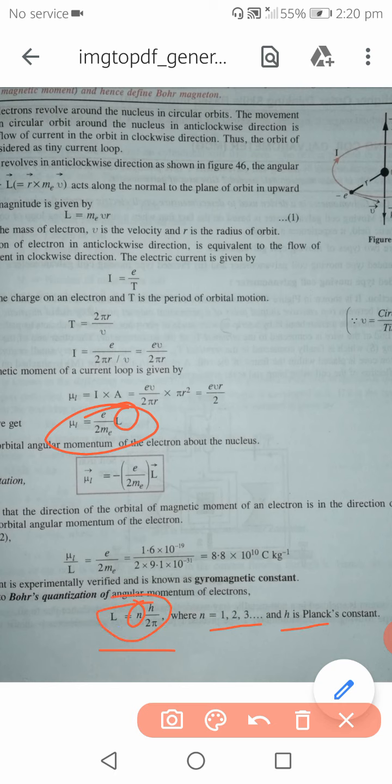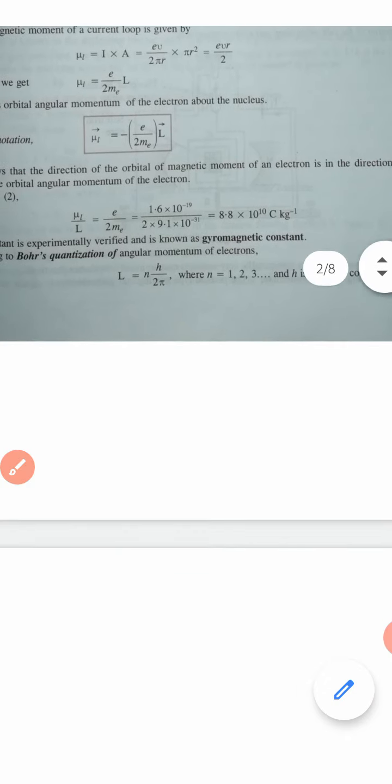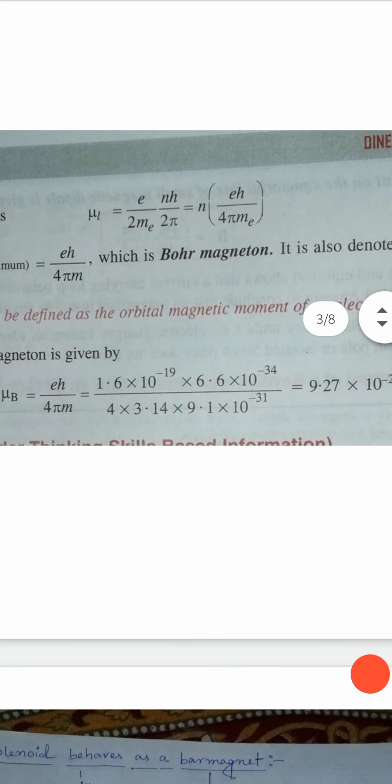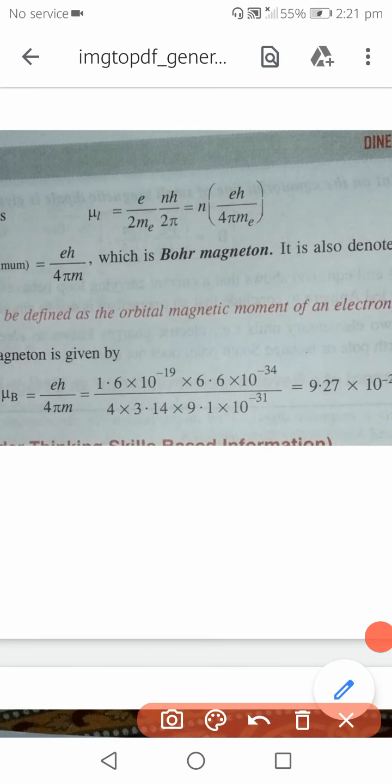So we substitute this value in place of L. Except n, all the other terms are constant, so n we keep outside and the other terms we keep inside a bracket, since e, h and the rest are all constant values.